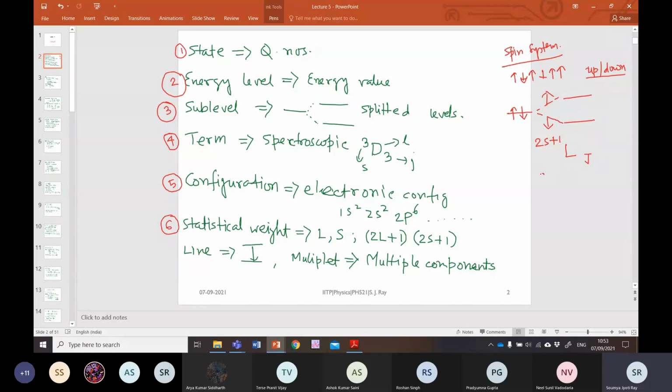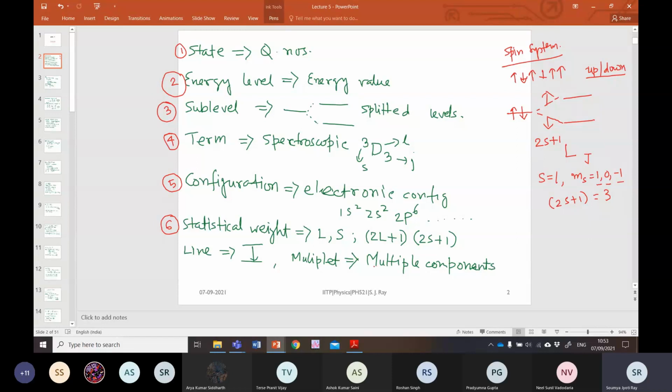If S equals 1, then mS will be equal to 1, 0 and minus 1, which means the total multiplicity will be 3. That is 1, 2, 3.